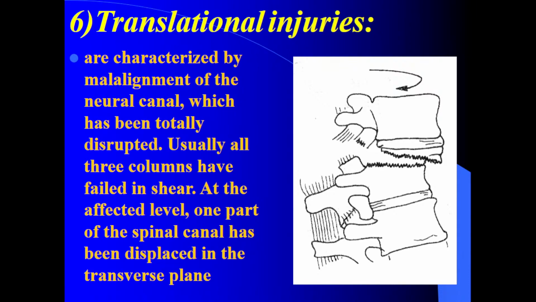So as you understand, the force should be quite severe, quite strong to lead to a complete fracture of the vertebral body, arc of the vertebra, and facet joint at the same time.